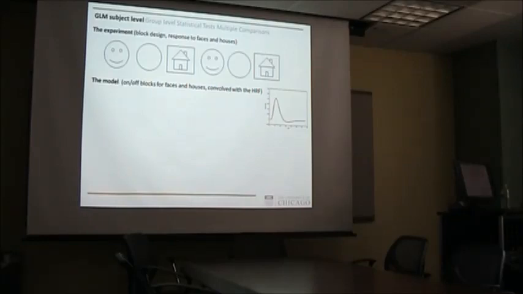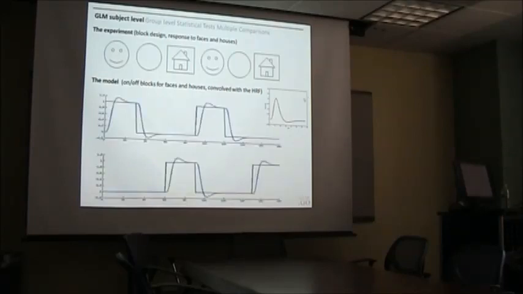Due to several physiological factors there is a delay, and a specific shape of when the response peaks after the onset. Convolution means that you incorporate that information in your model.